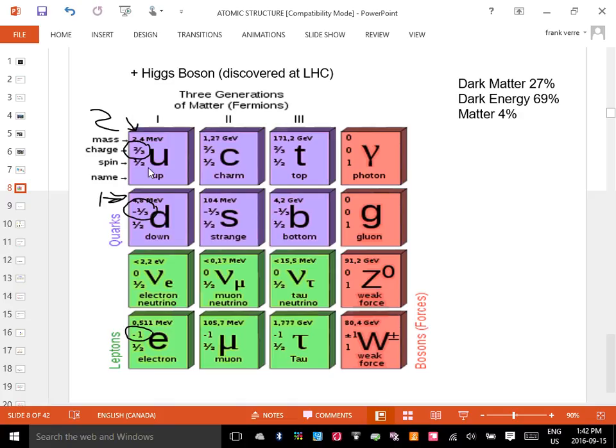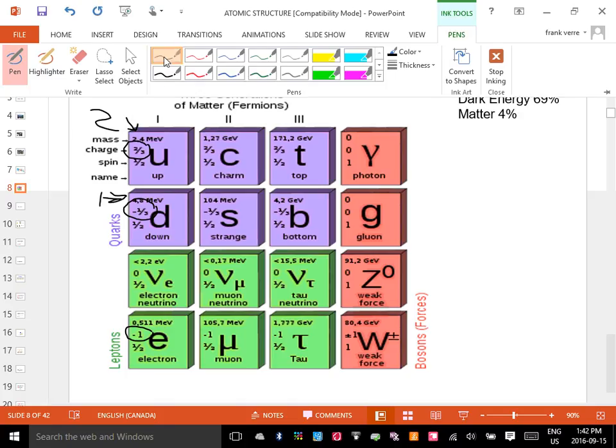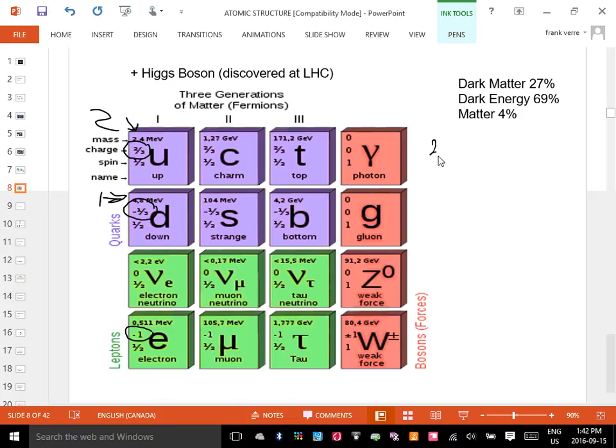Because if you look closely, an up quark has a charge of plus 2/3. So if you do the math, 2/3 plus 2/3 plus negative 1/3 equals plus 1. So a proton has 2 up quarks, which are both plus 2/3, and 1 down quark, which is negative 1/3, and that adds up to plus 1.